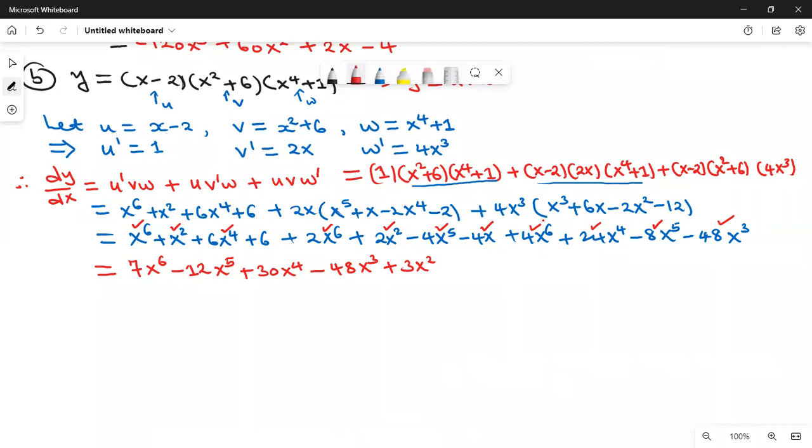That was from the second term. So that is negative 4x. And lastly, we have the constant term, that is positive 6. So that's what we have as our derivative of a product of 3 functions of x. 3 functions of x, very important.